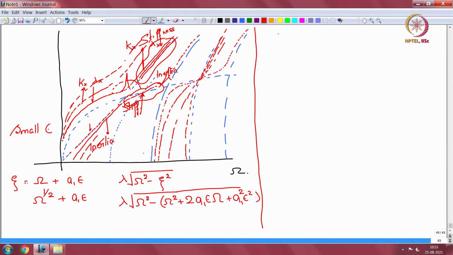So, if I cancel off, what I get, lambda is square root of omega square minus omega square minus twice A1 epsilon omega minus A1 square epsilon square. So if this cancels out, I have the leading term as lambda equal to square root of minus twice A1 epsilon omega.